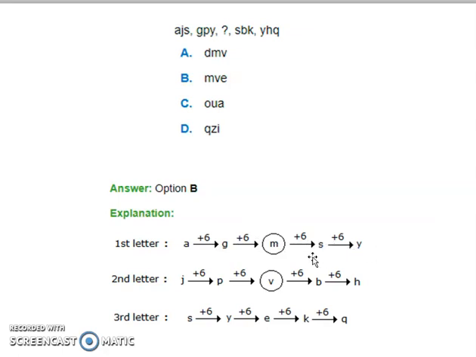So G plus 6 gives which letter? The letter is M. Even if you had found it for one letter, you could have answered. Similarly for the second and third letters, it's plus 6. There is only one option with letter M initially, so the answer here is option B.